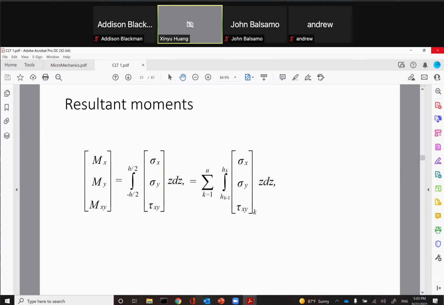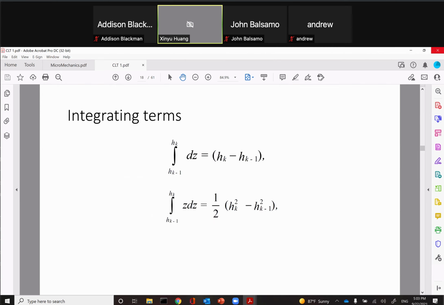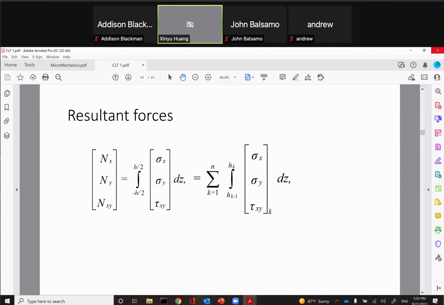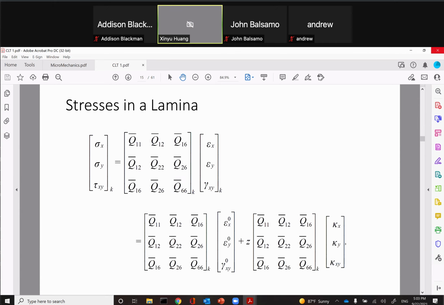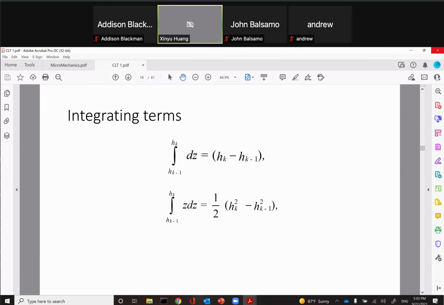That's because we're talking about moment. We talk about resultant moment. The resultant moment is little force times little distance, that's total moment. What makes a little moment is this Z. So when you multiply the second Z, it becomes this.